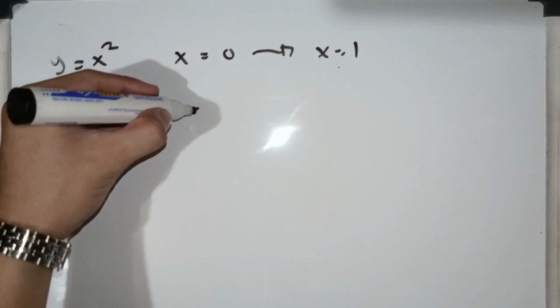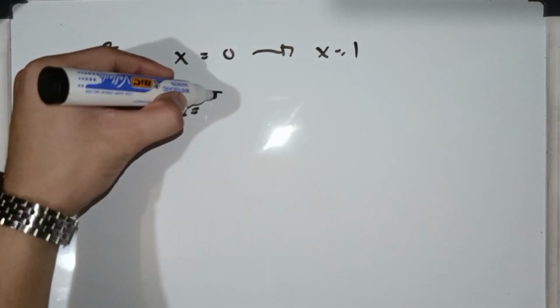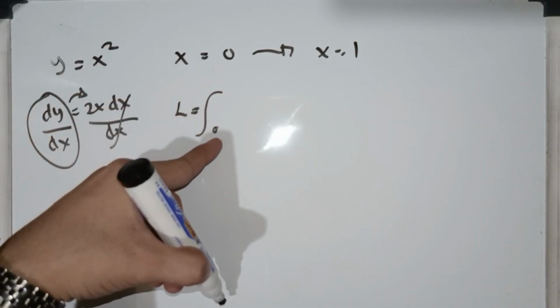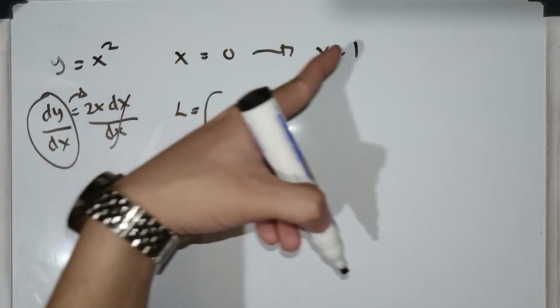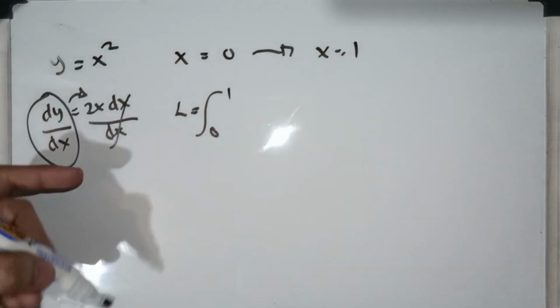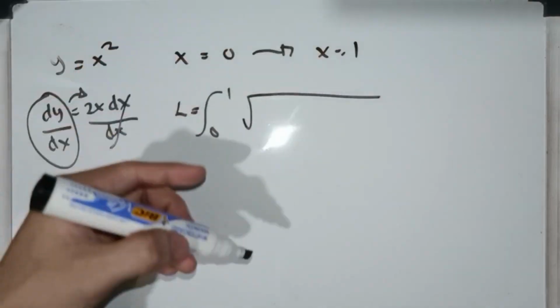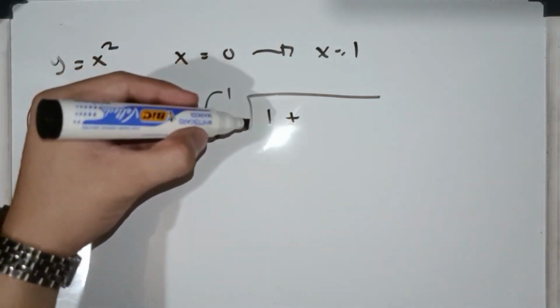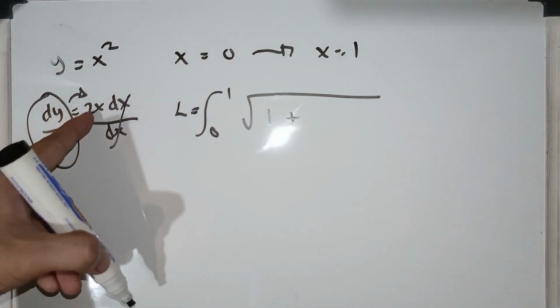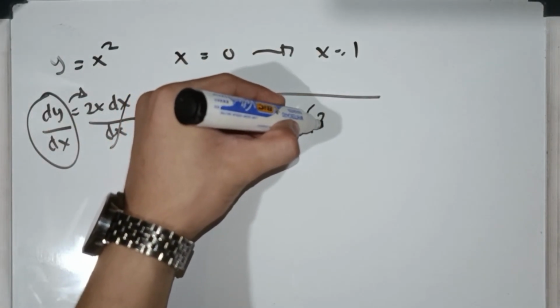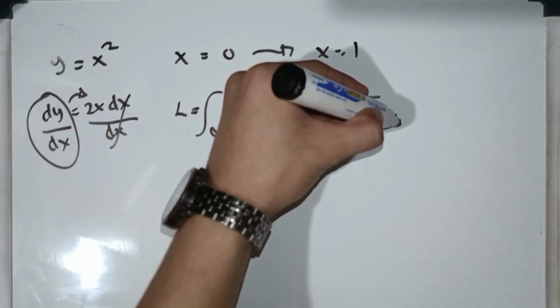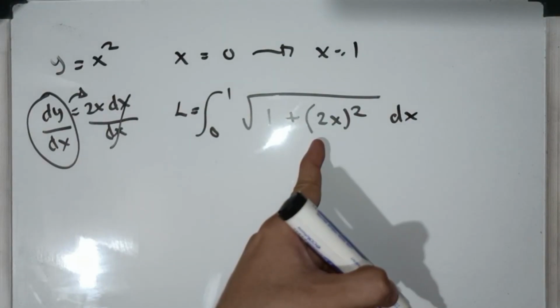So using the formula, L is equal to the integral with the limit 0 to 1, the square root of 1 plus the value of dy over dx, which is 2x, raised to 2, dx. So let's simplify this one.